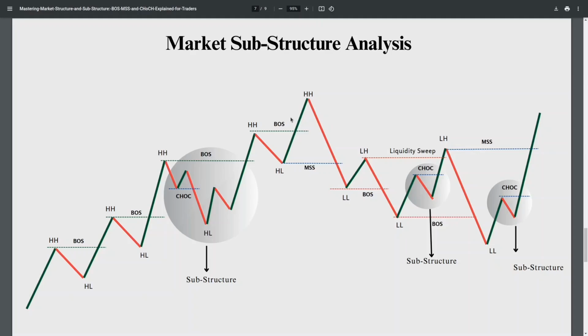Then price breaks it, then we consider it as a break of structure. But here we probably see a price breaking this range with possibly a candle wick. This is not a valid break of structure, it's a liquidity sweep.